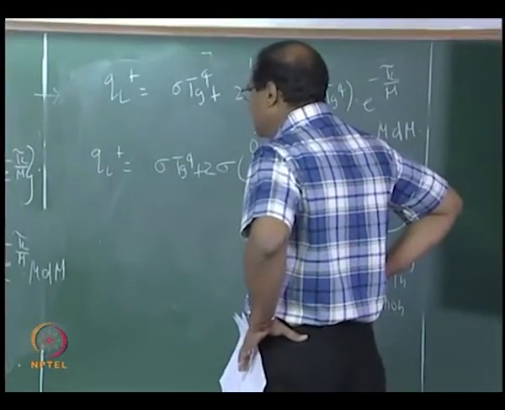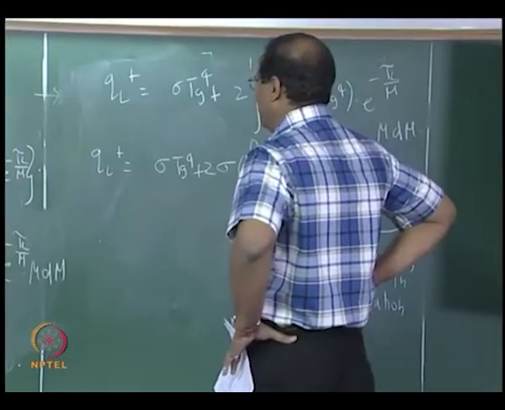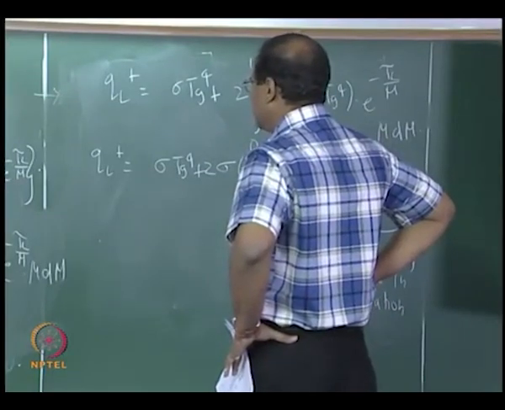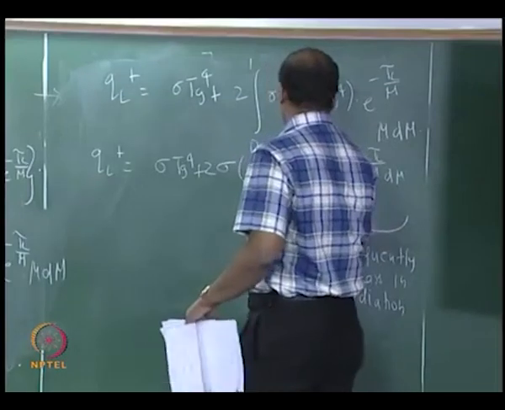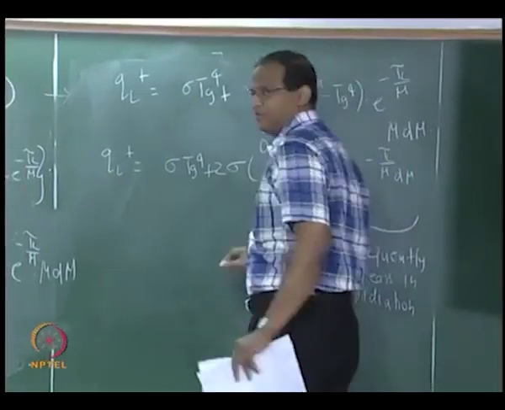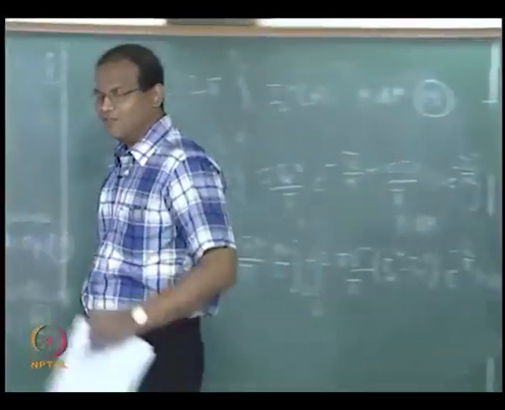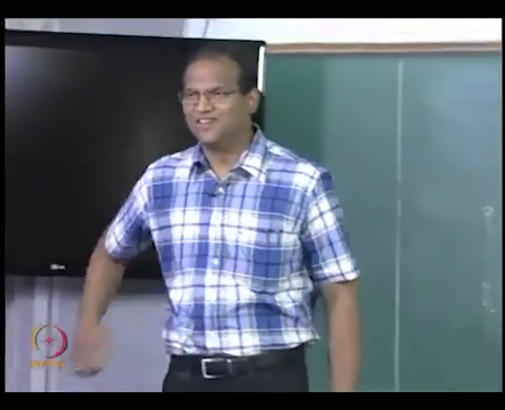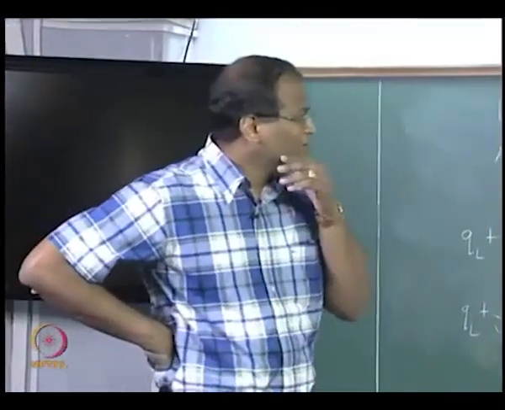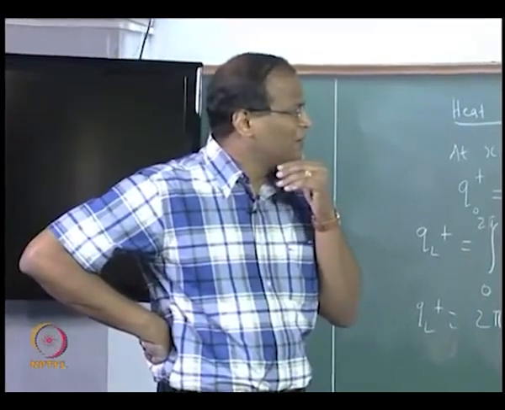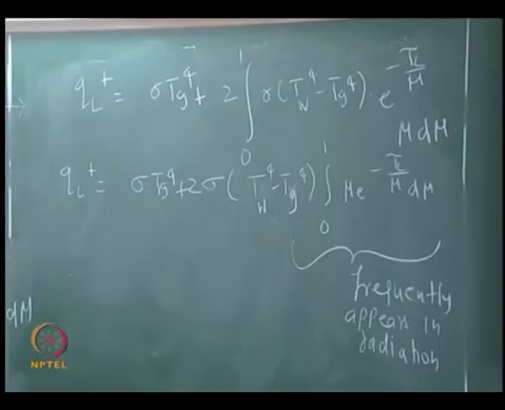Let's see. So, what happened? Okay. Morning when I worked out at 5 o'clock it was Tg minus Tw, I think I made a mistake. Okay, alright. Now this mu e to the power of minus tau L by mu d mu frequently appears, it is called exponential integral of order 3.